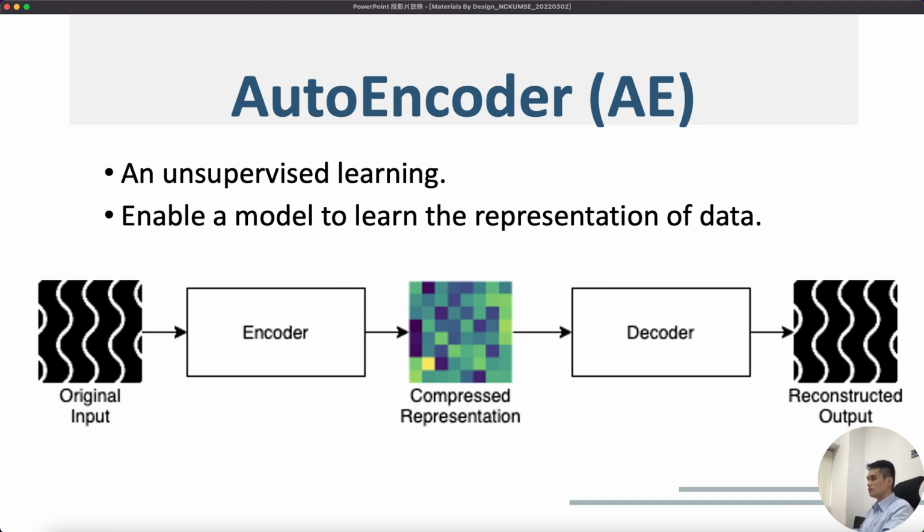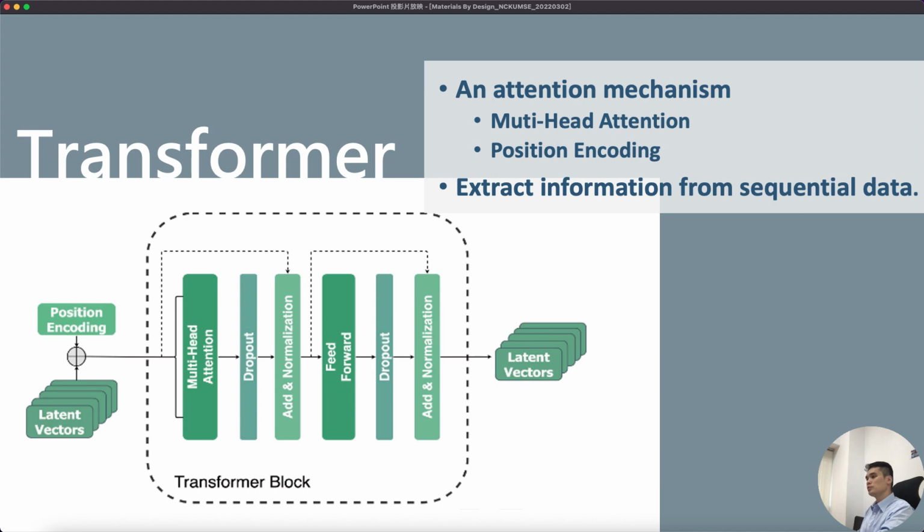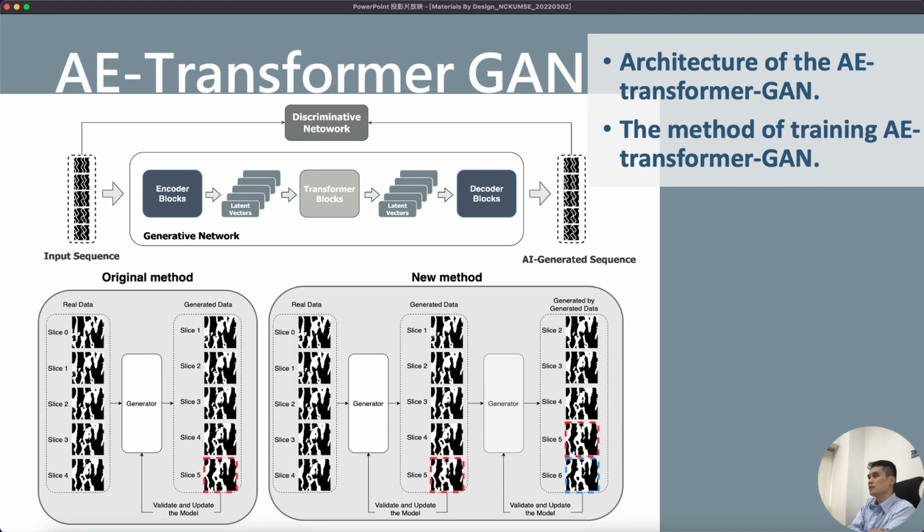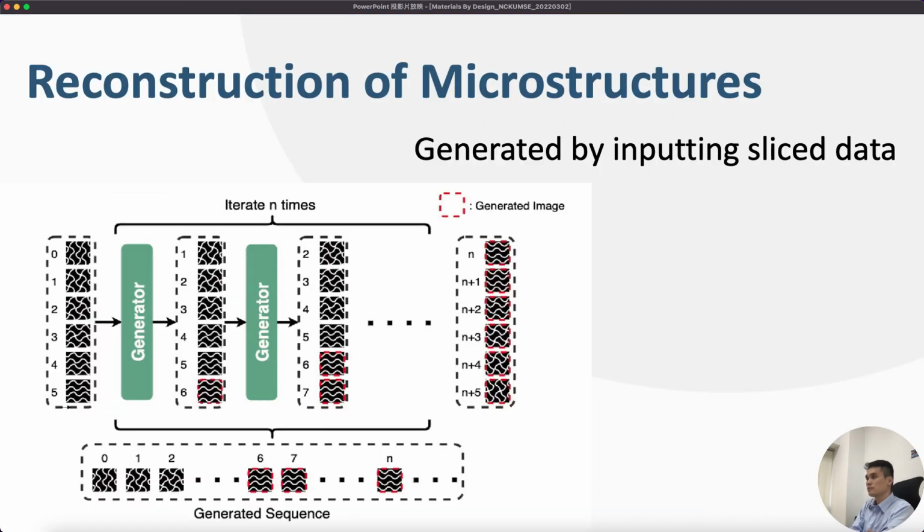We predict the ice morphologies to predict the structure continuity. Here we introduce a transformer like what we used before, and that's the idea of how to train it. We won't go through all the details, but we can show how we predict and generate slice by slice.